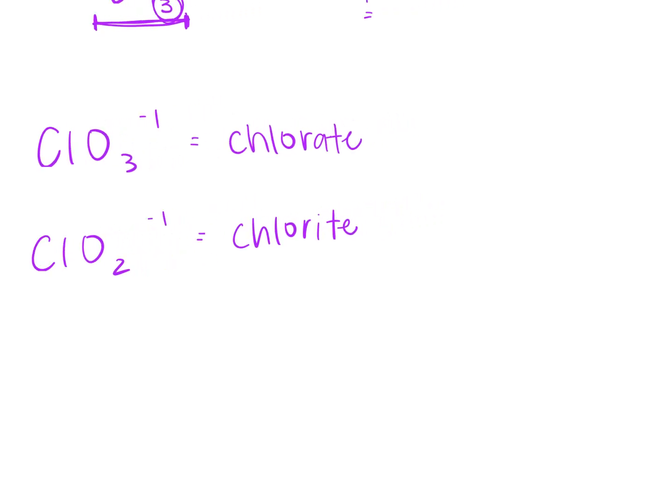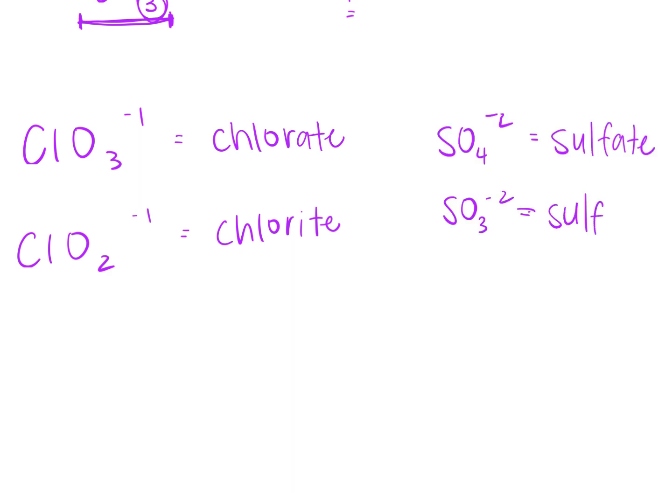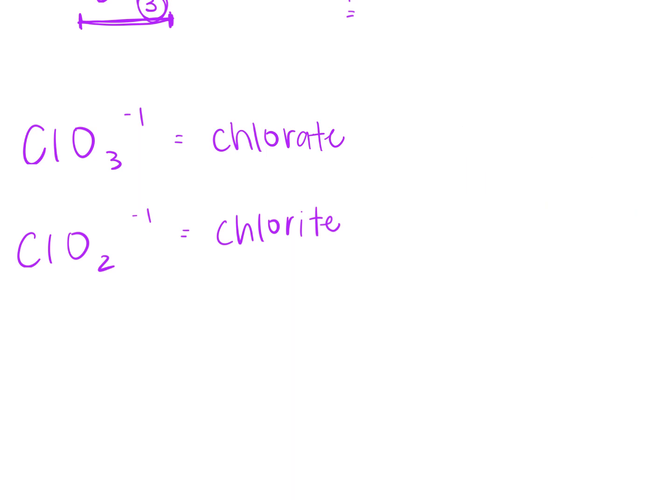Okay, take a look at those two, and then I'm going to give you another example. SO4 -2 is sulfate, and SO3 -2 is sulfite. Do we see a pattern? I want you to look at a pattern here between the ates and the ites.